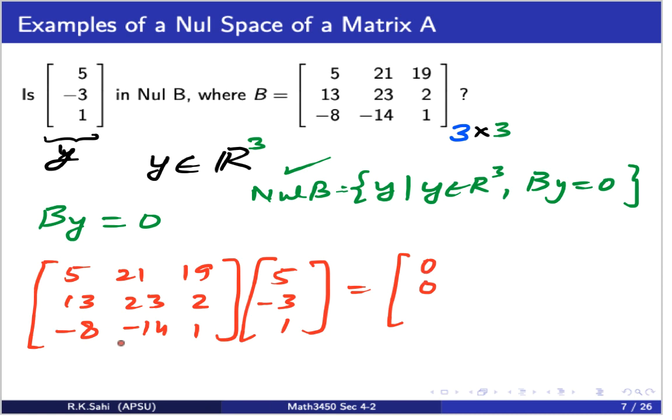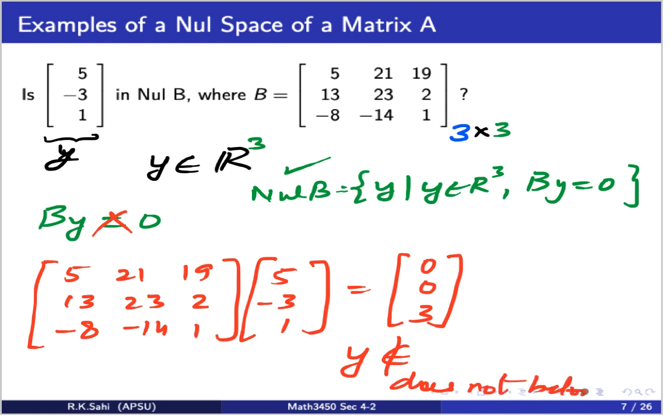This is the one which I have to look at. So minus 8 times 5 is minus 40, plus 42, plus 1. So it is 3. What does that say? When I multiply B with y, I do not get a 0. Thus, y does not belong to the null space of B, that's the symbol, okay? Does not belong to R3.